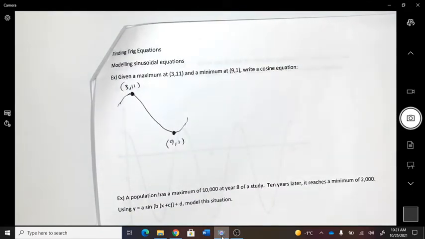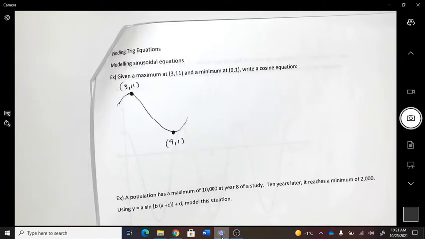I like my visuals, so that's kind of what I'd be doing. I'm at a max and then I'm at a min. Okay, here we go. We know our A, B, and C and our D stuff.